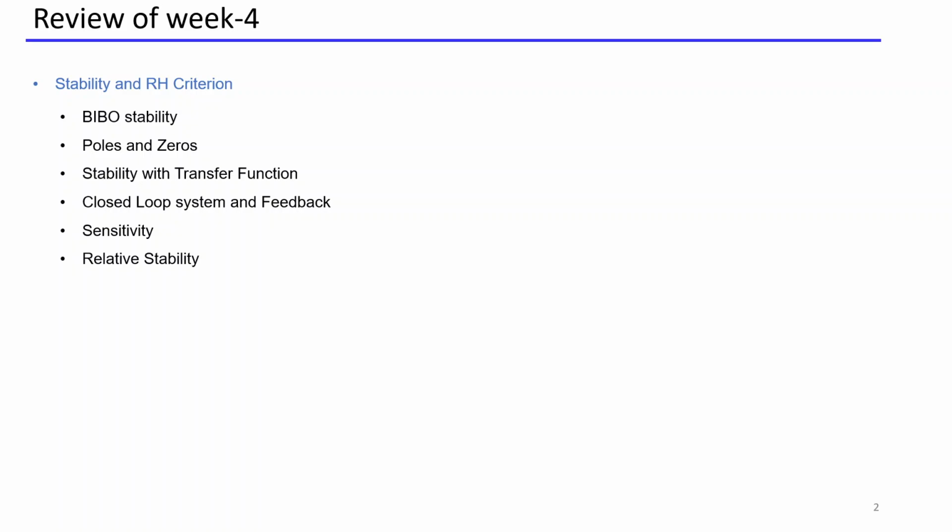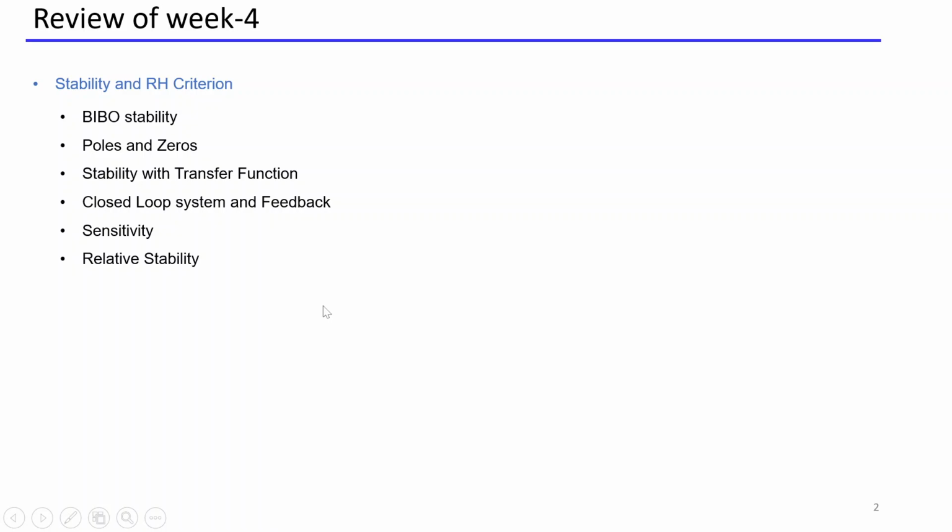Then you can decide the stability from the transfer function method. Also, which type of stability you want to focus on: closed loop system stability, open loop system stability, then relative stability. All these topics will be touched by some of the questions.